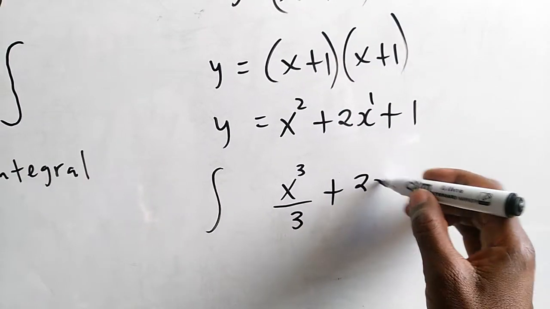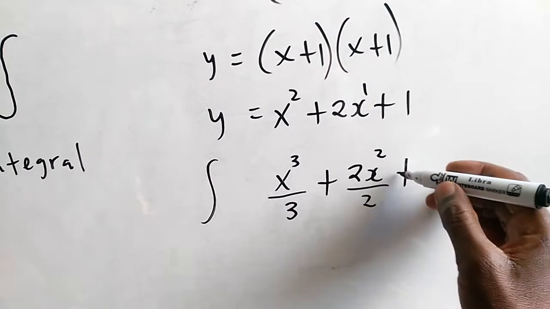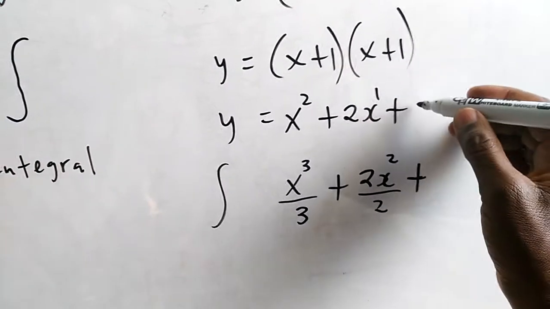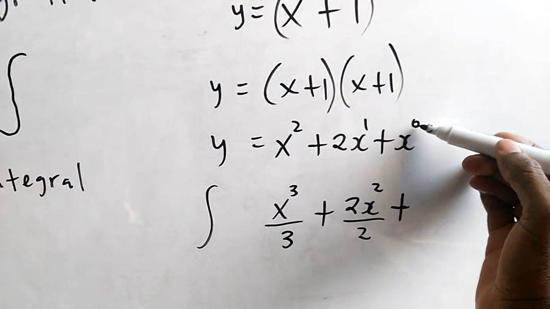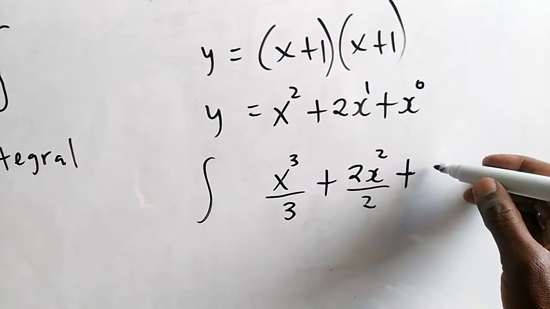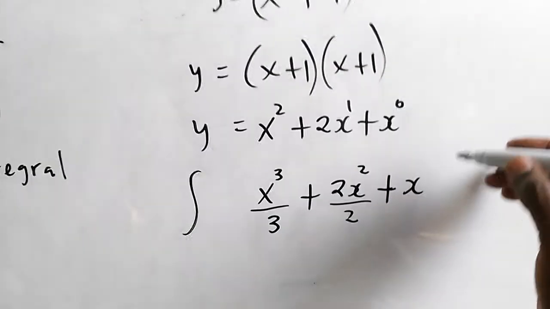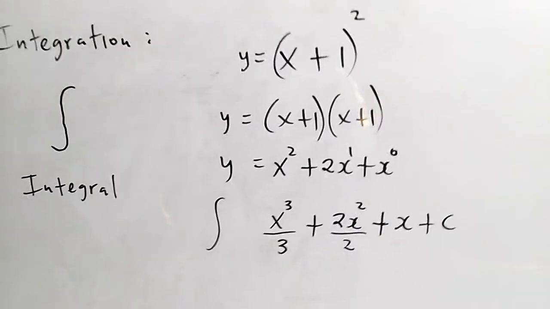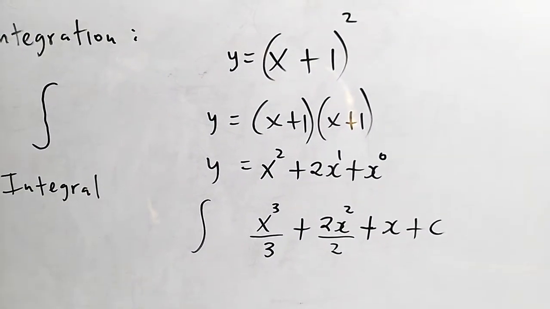So it will be 2x to the power of 2 over 2, plus this one is the same as saying x to the power of 0. So 0 plus 1, it will be 1, meaning giving it a value of x. And then we'll say plus a constant. Okay? So that becomes the answer.